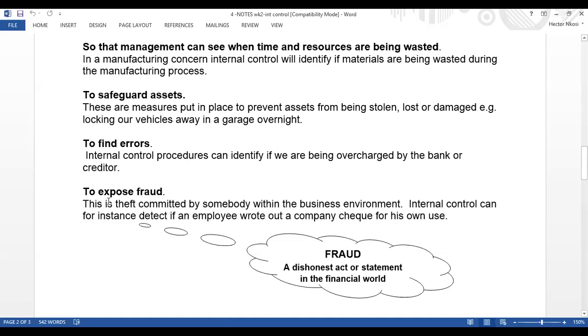Because the more we control internally, the more we can detect theft committed by someone within the business environment, for instance, for his own use, right? We did speak about fraud yesterday when we were doing ethics, right? So bear in mind those.